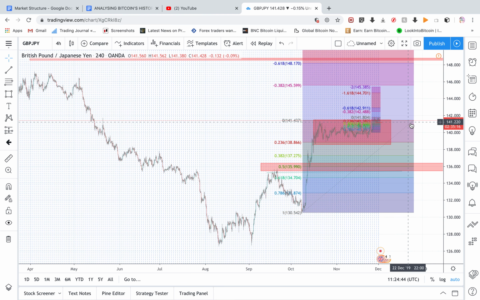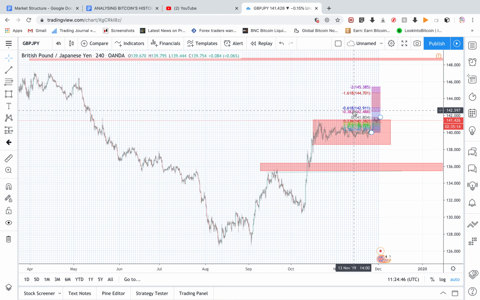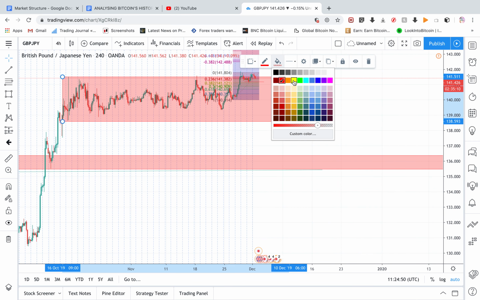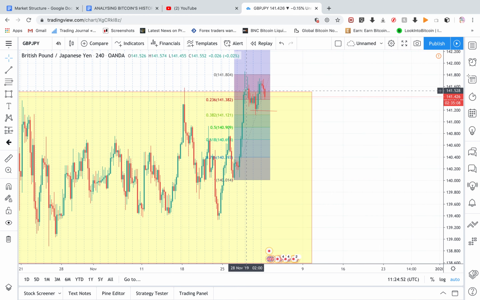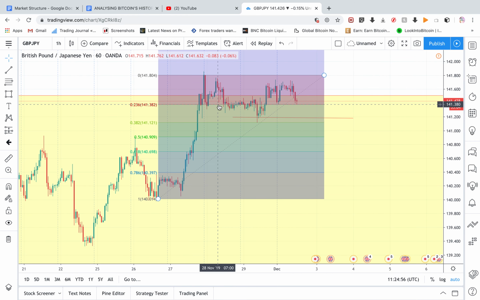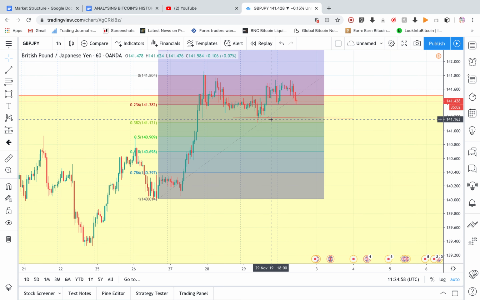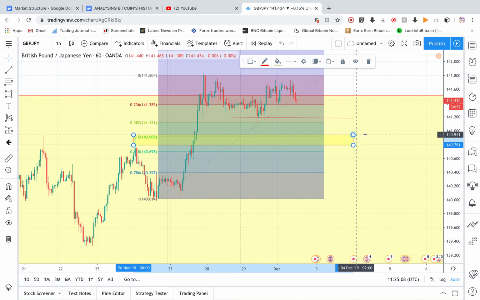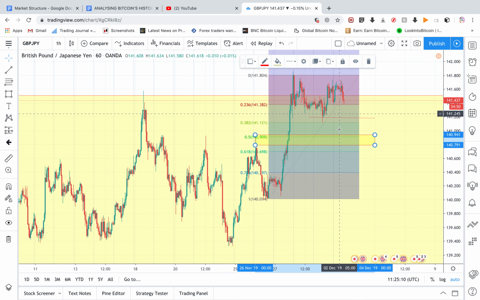Since I've indicated all the target levels, we have our consolidation, which is this one, and our Fibonacci tool. So what I'm trying to say is, when price breaks this low here, our first target, if you're scalping, should be somewhere around here, right? But we're expecting price to go in this H1.